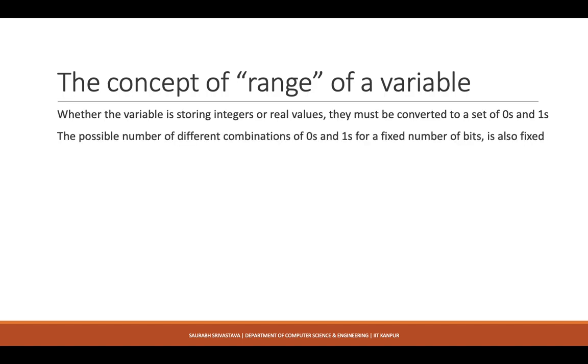And because the number of bits is going to be fixed, for example, if I'm using an integer, and an integer takes up four bytes of space in your memory, then basically you only have 32 bits. Now if the number of bits is fixed, the possible number of combinations that you can represent with them is also fixed, right?